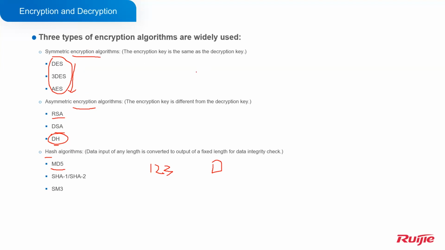When we receive the message, we have to use a decryption key to make the ciphertext become the original message. And the asymmetric encryption algorithm means the encryption key will be different from the decryption key. So this is the encryption and also the authentication.